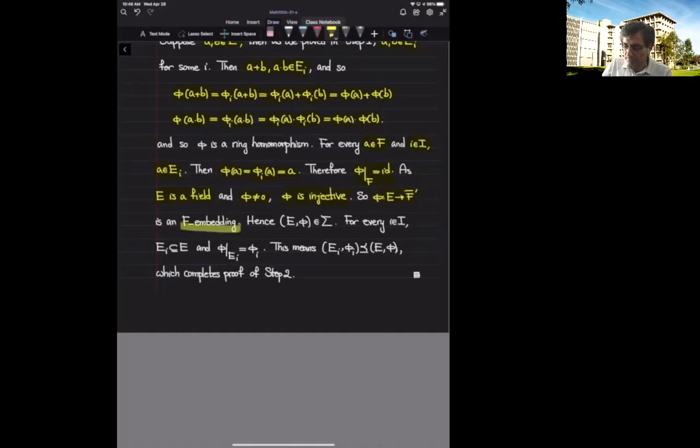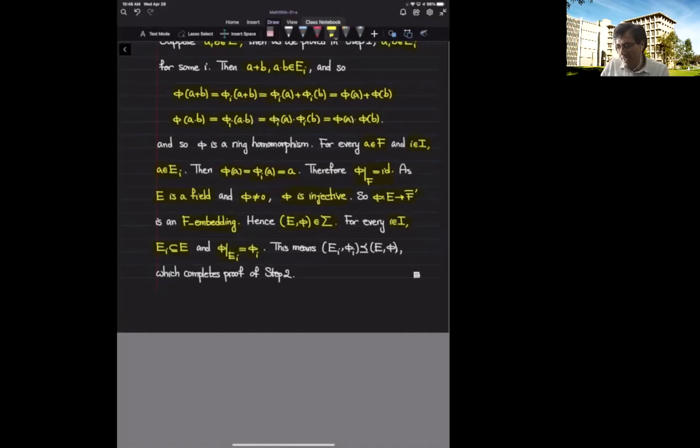Okay, so this means that the pair E comma phi is an element of sigma. The way that we define this E comma phi, it is clear that for every index I in this index set capital I, E sub I is a subset of E, because E is the union of these subfields. And the way that we define phi, when I restrict phi to E sub I I am getting phi sub I back.